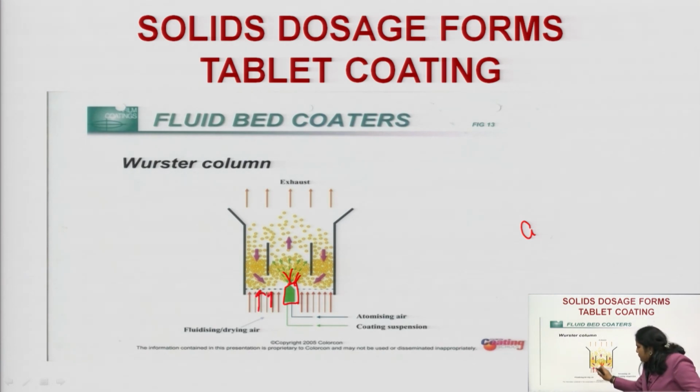From here there is fluidizing air which keeps the tablets in a fluidized state, and thus the coating solution is applied on the tablets in a fluidized manner, giving better application and better drying of the solution. When the air with vapors moves upward, it goes to the exhaust. So, this is the Wurster process, and it is important because it is a continuous type of process.